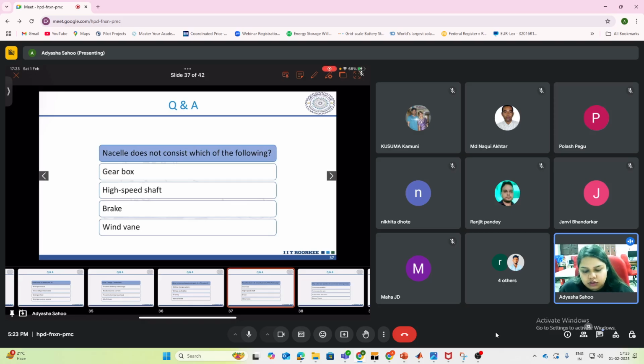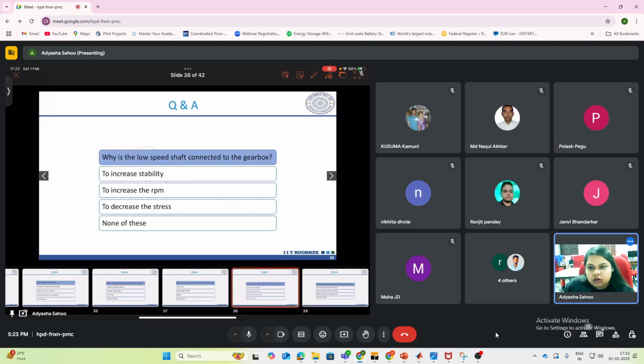It consists of all this: gearbox, high speed shaft, brake, low speed shaft, but it does not contain the wind vane. Then next is, why is the low speed shaft connected to the gearbox?